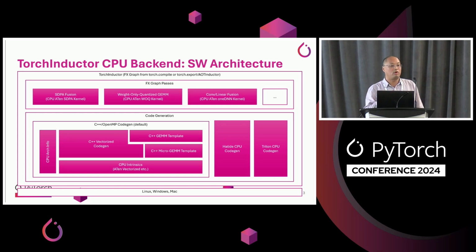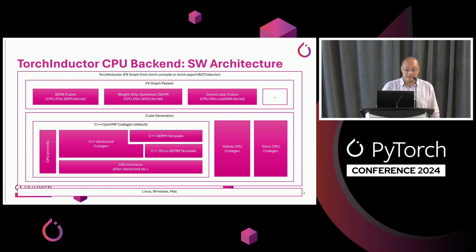It supports both static shapes and dynamic shapes. It supports all the commonly used data types in deep learning. It runs on Linux, Windows, and Mac, and it supports explicit vectorization based on the ATen vec abstraction.